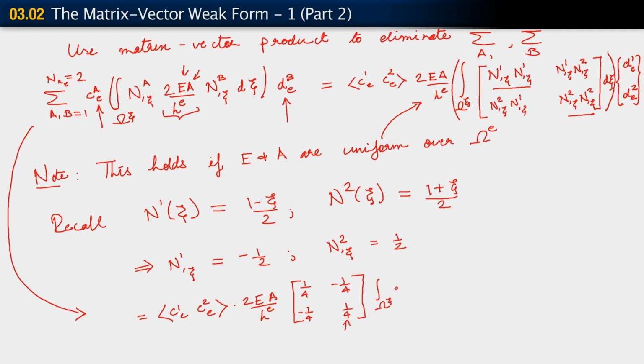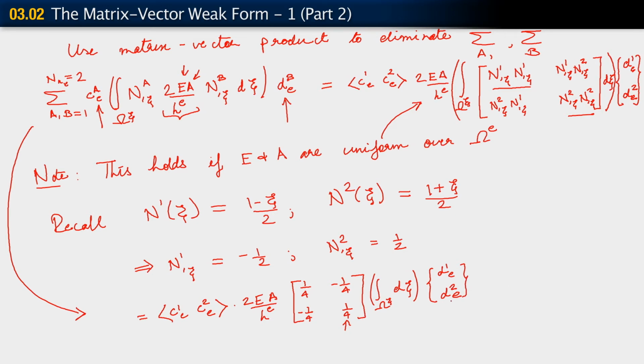integral over omega c dxc. All of this times our column vector of degrees of freedom corresponding to the trial solution. Okay.